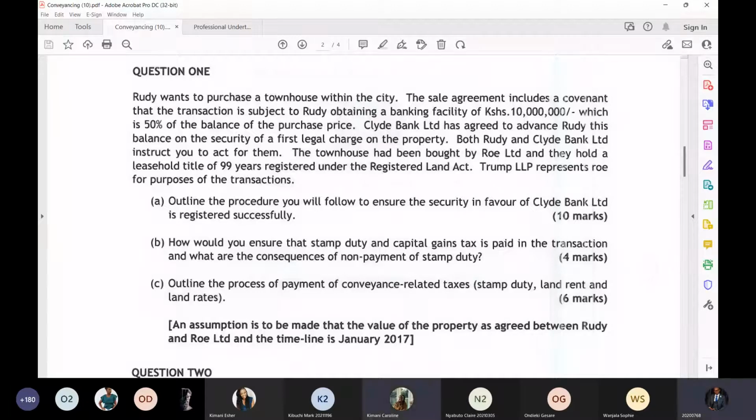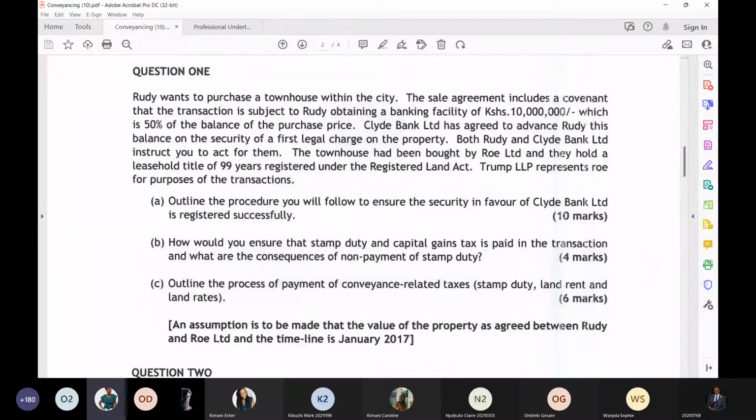I think the transfer will not be registered, as well as the charge. Yes, registration. Also, some of these documents will not be admissible in court. Yes, admissible, that's very true, it's under the Stamp Duty Act. The other one?